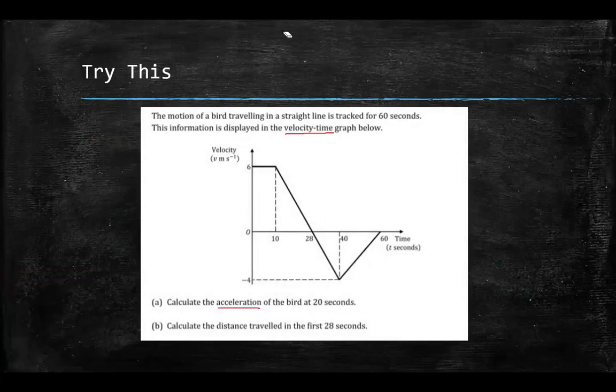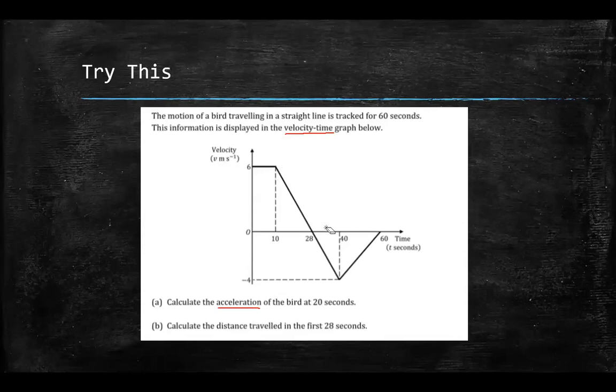Even though they didn't label the 20-second mark on this graph, and they didn't tell me a specific velocity at that 20-second mark, that's fine, because this line is a straight line. What do I know about the gradients of straight lines? They are constant. So it doesn't matter which 2 points I use on this line.